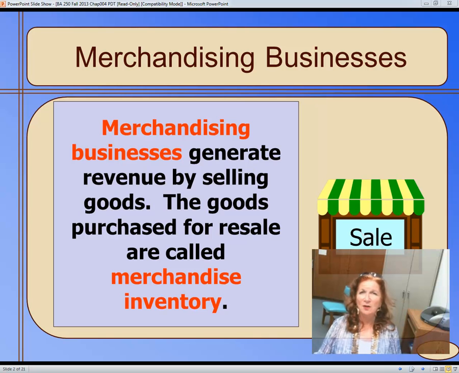Periodic is for companies that don't have enough technology to be scanning and recording transactions as they happen. They're for low-cost items, where there are just too many of them going on, and for high turnover items, like you might see in a grocery store.